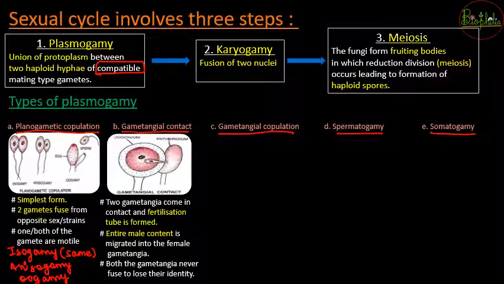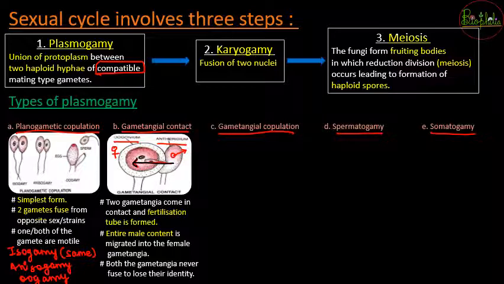So this is the antheridium, the male part, and the oogonium is the female part. From the male part to the female part, the entire content of the male gamete is going to get transferred.